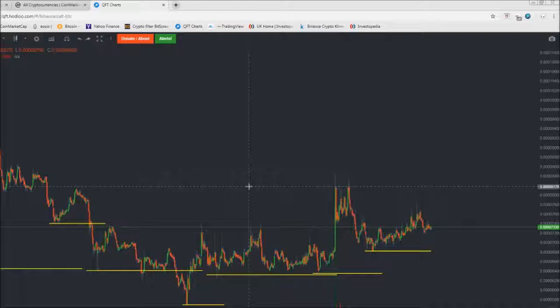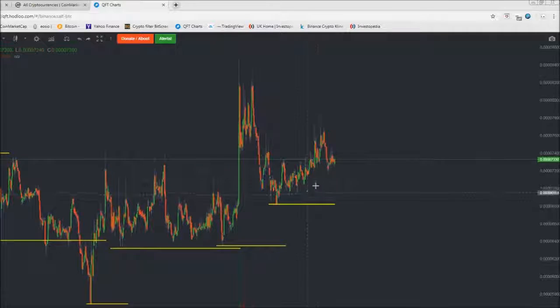If you do read up on some cryptocurrency news articles, you'll see that they talk about support and resistance levels, and hopefully with the last video they do mention the indicators as well, about the moving averages and so on and so forth.